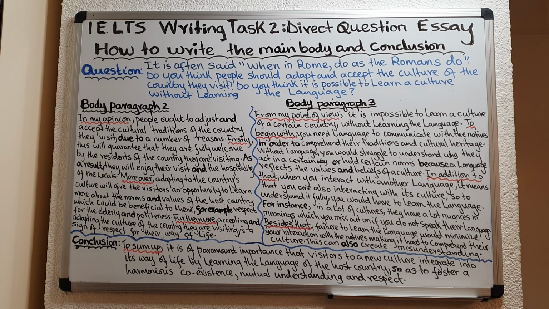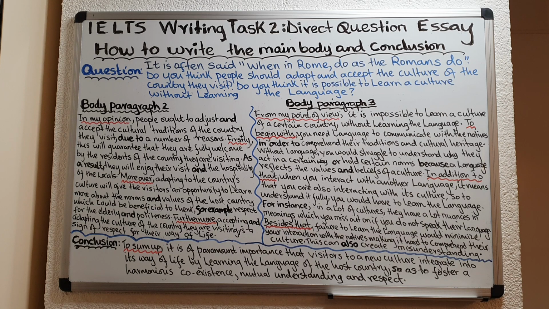For instance, in a lot of cultures, they have a lot of nuances in meanings, which you miss out on if you do not speak their language. So my second point is that when you interact with another language, it means that you're also interacting with its culture.